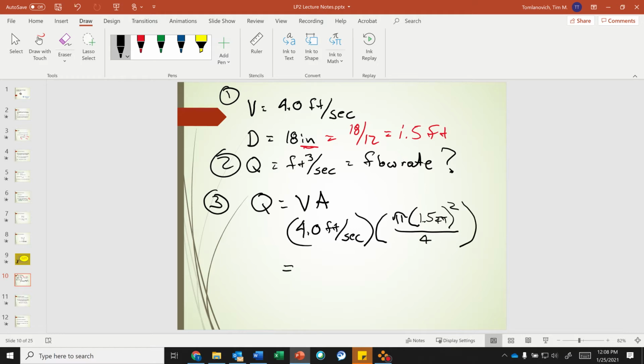And I get a flow rate of 7.1 cubic feet per second, or CFS. Again, write down what was given.